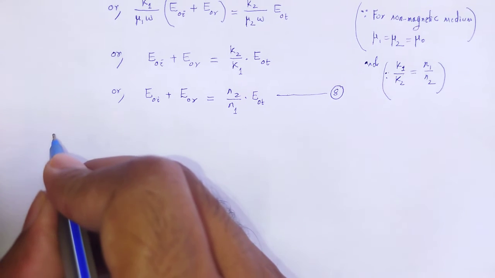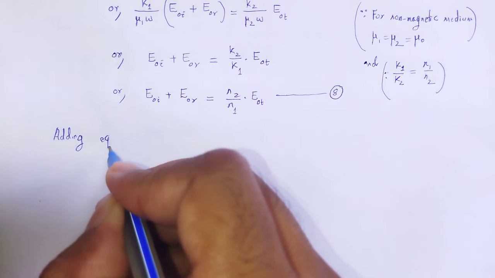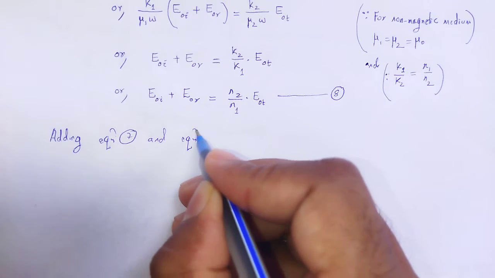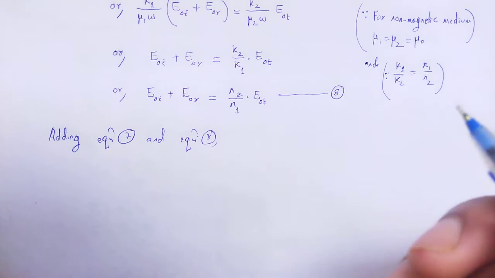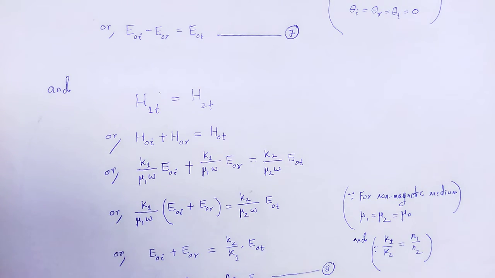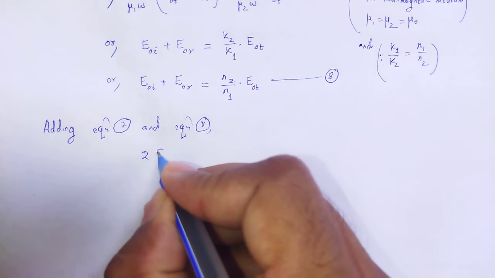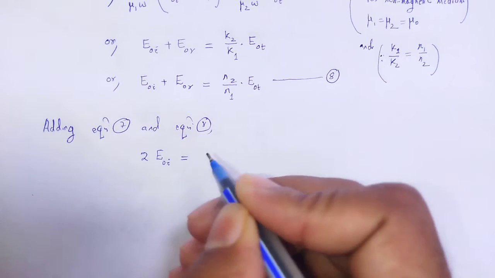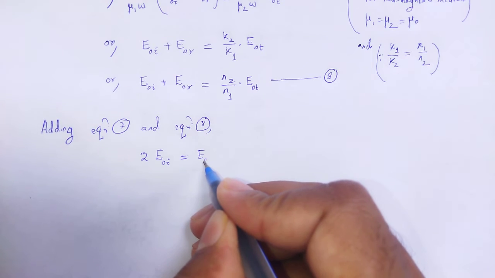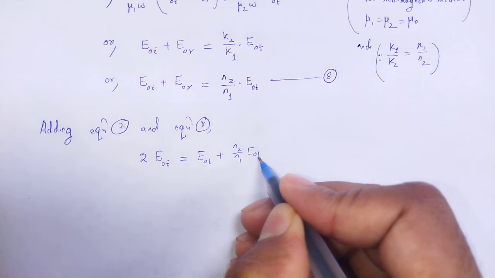Adding equation number 7 and equation number 8, E0R cancels out, and we have 2 times E0I is equal to E0T plus N2 by N1 E0T.